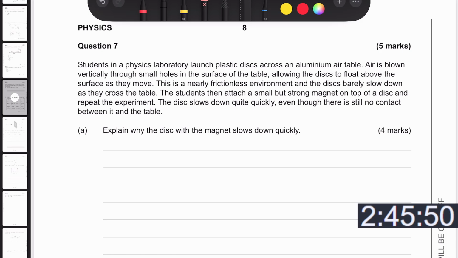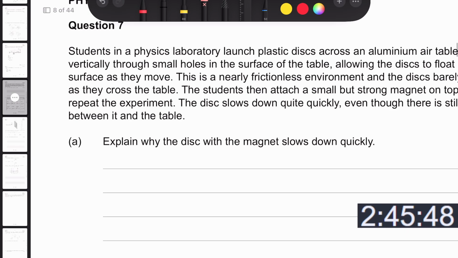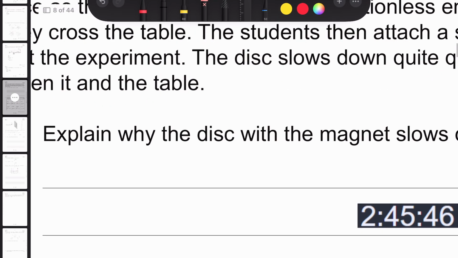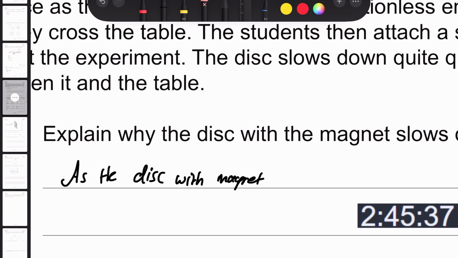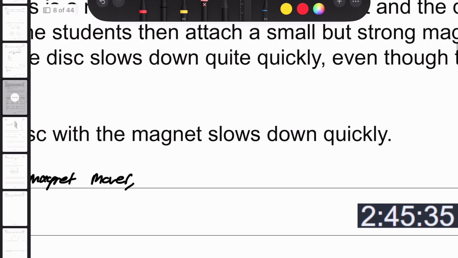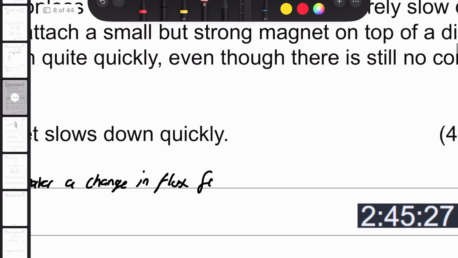Okay, so as the disc with a magnet moves, it generates a change in flux for the aluminum table.